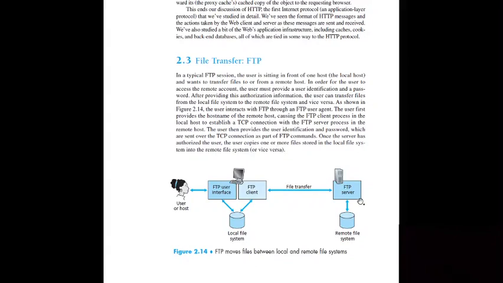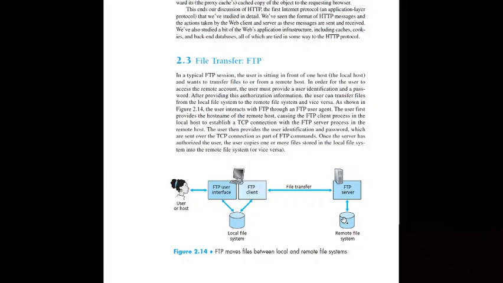After providing this authorization information, the server will verify whether this user is an authorized person or not. If it finds that this is authorized information, then this user can transfer files from the local system to the remote host.